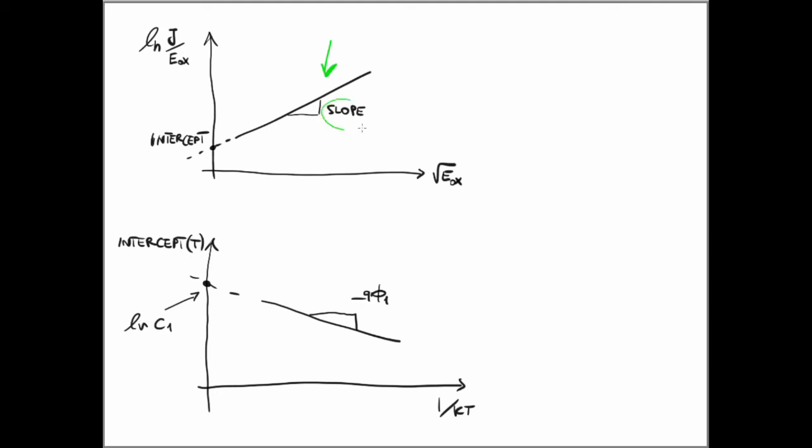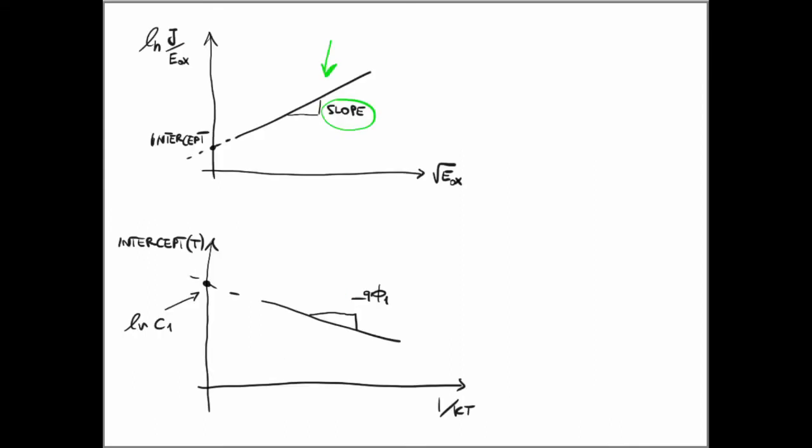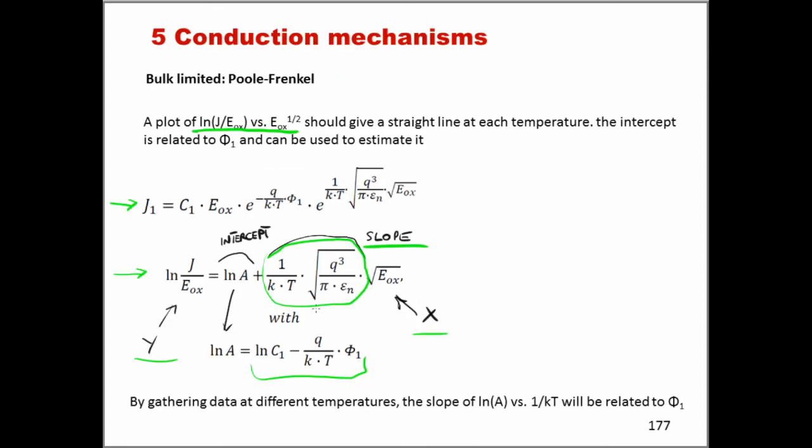So the slope would give us information about this term, carrying information about the dielectric constant and the temperature, and the intercept again would give us information about ln c1 minus q over kT phi1.